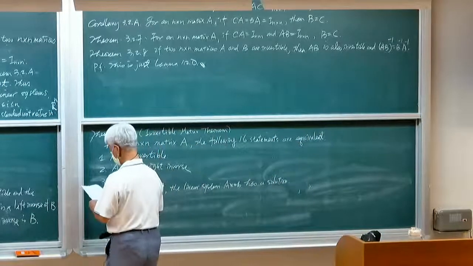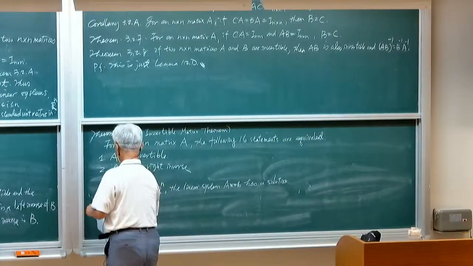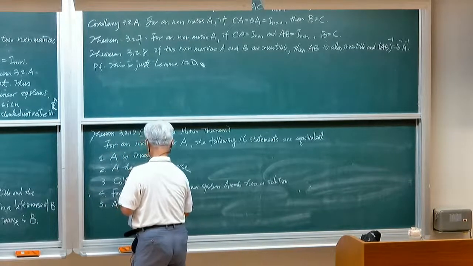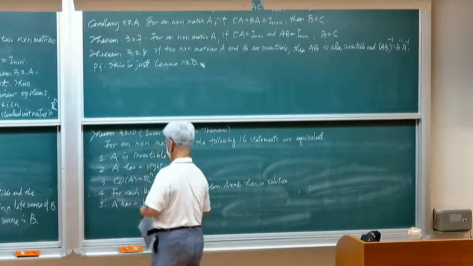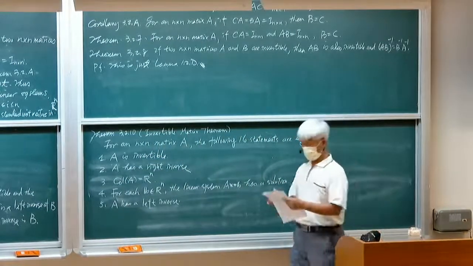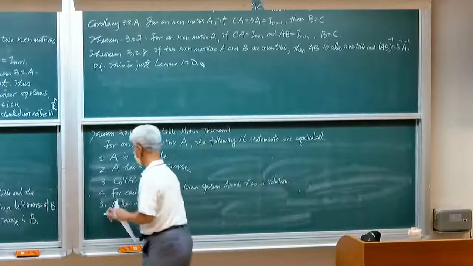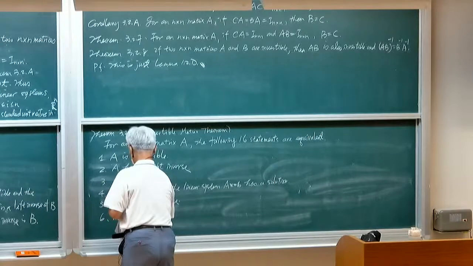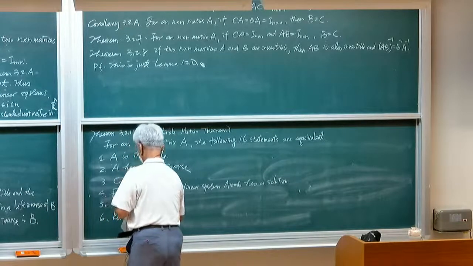The fifth one says that A has a left inverse. But A has a left inverse if and only if the kernel of A is trivial.